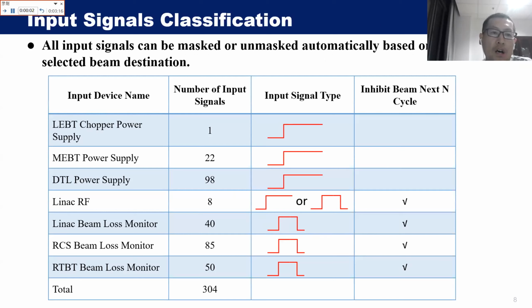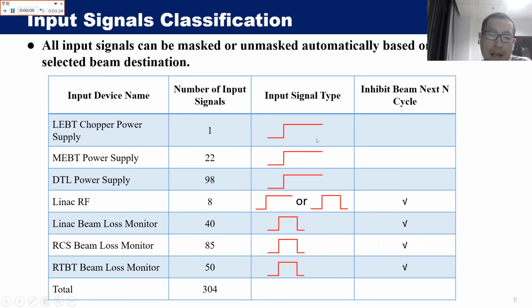This is the signal classification. At present, the total number of input signals is about 300, and they come from the power supplies, the Linac RF system, and the beam loss monitor system. Because the CSNS accelerator can tolerate low power beam loss, the input signals are of two types: one is the pulse type, and the other is the latch type.